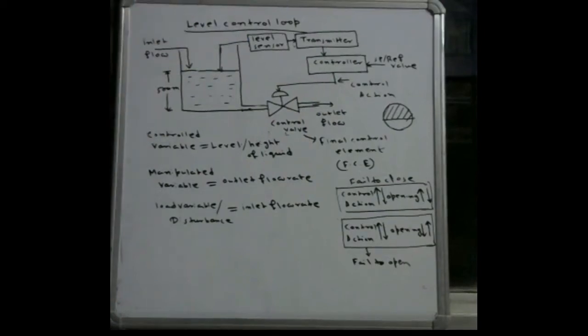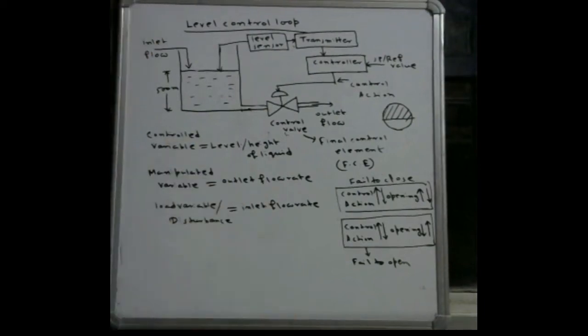There will be no significance of the control system if the load variable was not present. So due to this disturbance, we always have to use some control mechanism.